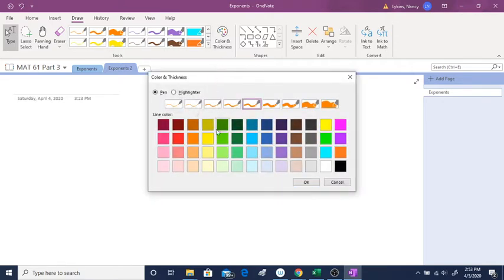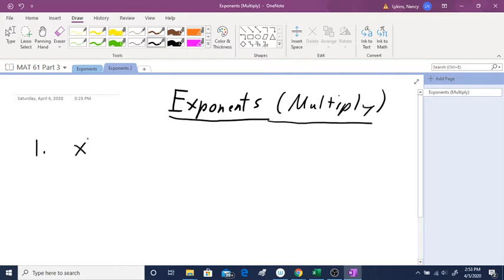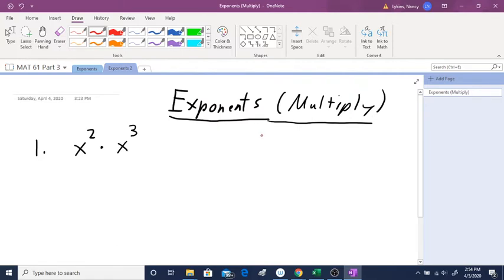So now I'm going to move on to the second part of what happens when you multiply. When we think of multiplying, I want you to think about when the bases have to be the same, though, and you have exponents, you add them.